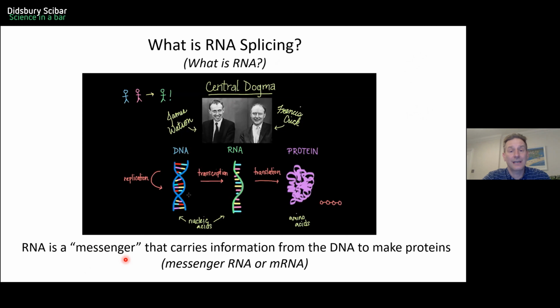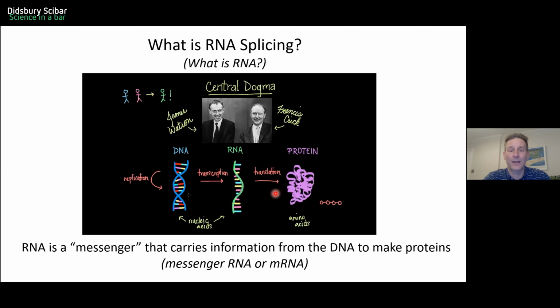As you can see here, you've got DNA. DNA then goes through this process of transcription to make an RNA. The information from the DNA can't go directly to make a protein. It has to go through this intermediate called RNA. Then this RNA goes through a process called translation, and that goes on to make a protein.